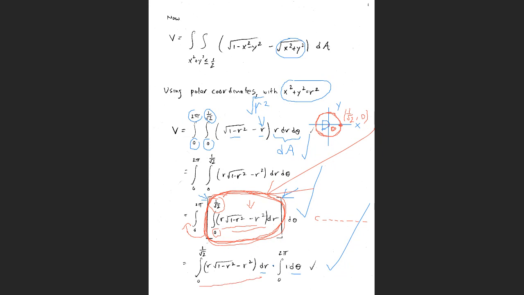I don't have to, you understand, but sometimes it helps, and it won't always work, right? If one of these limits in the integral were a function of theta, you couldn't do this. But in this case, I can. Are there any questions so far? Okay. Well, if we're good, let's go ahead and move to the next page.